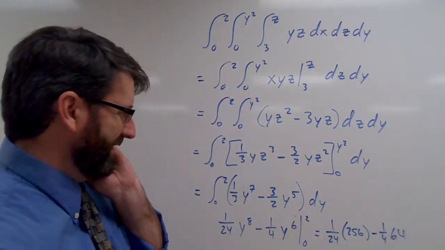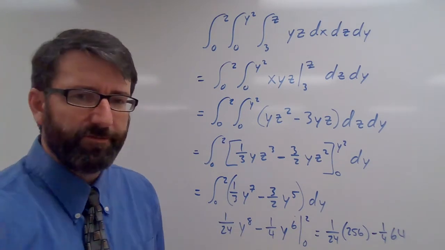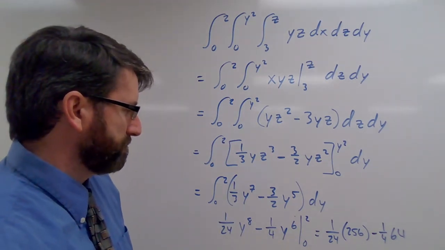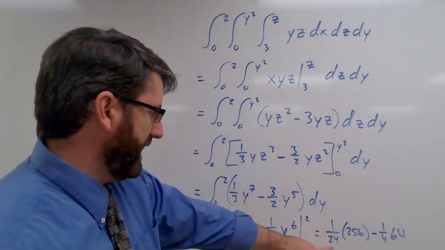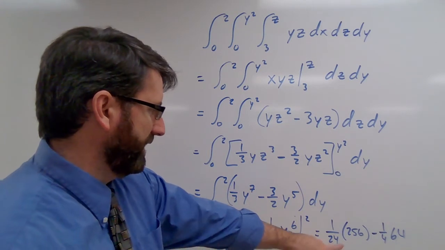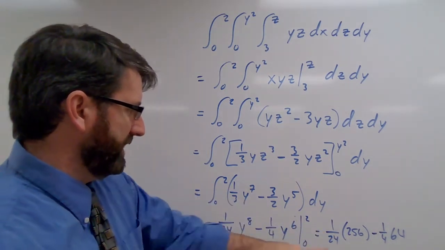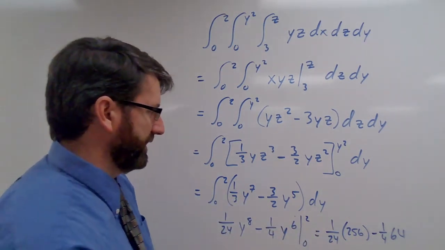All right, let's see, 256 over 24 will reduce to, if we divide by 8, a 3 on the bottom, and 256 divided by 8 is 32, so 32 over 3.